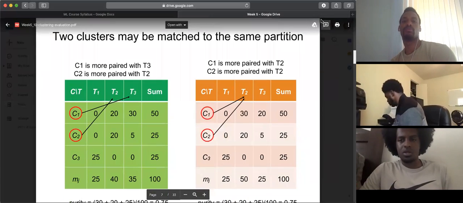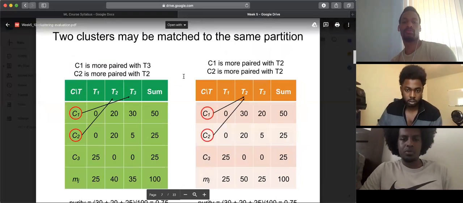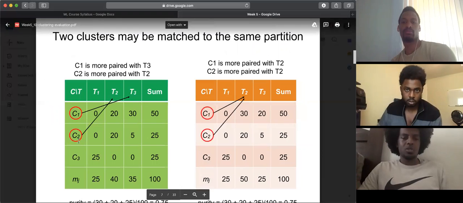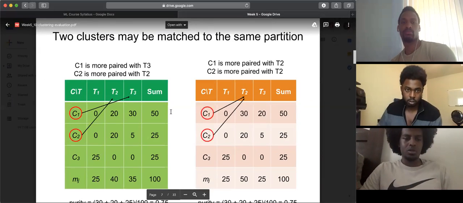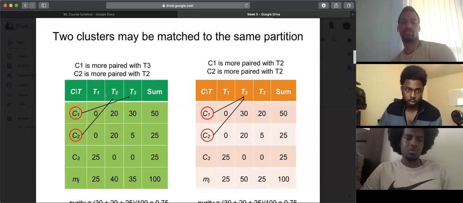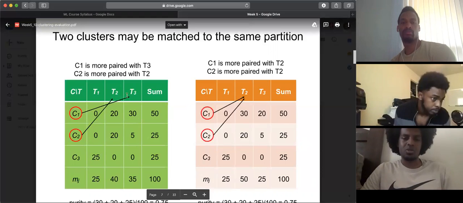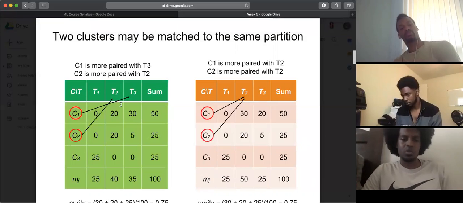So here's the thing: two clusters may be matched to the same partition because of that max algorithm. If you look at C1 and C2 here on the left, the max value of C1 would be 20, so it's pointing to T2. Or actually, no, the max is 30, so it's pointing to T3, and then C2, its max value is 20, so it's pointing to T2.